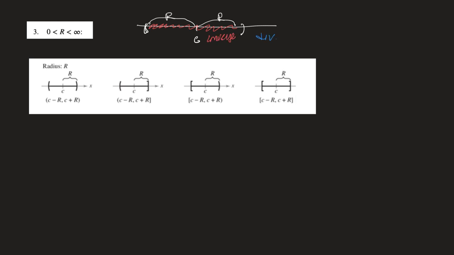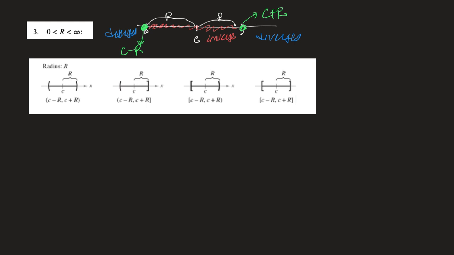Outside it diverges. What is the problem here? We are not sure about this point and this point. This point is C minus R. This point is C plus R.